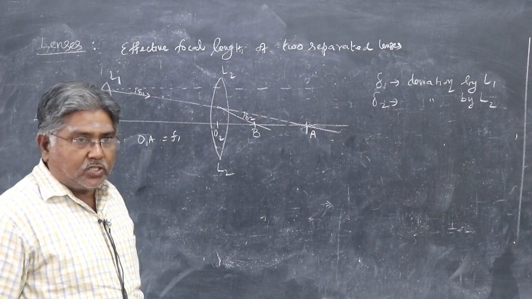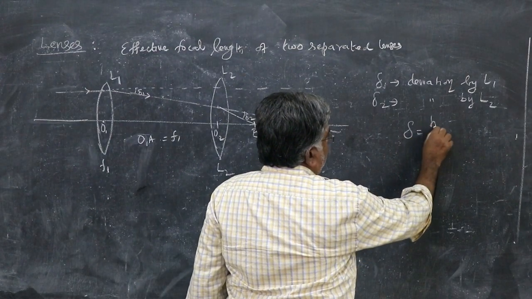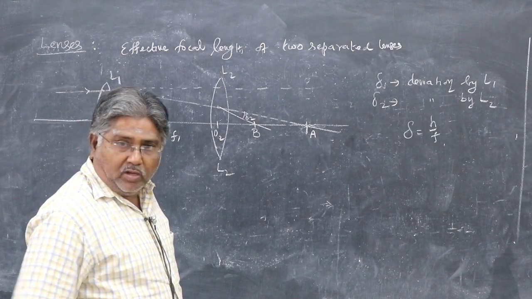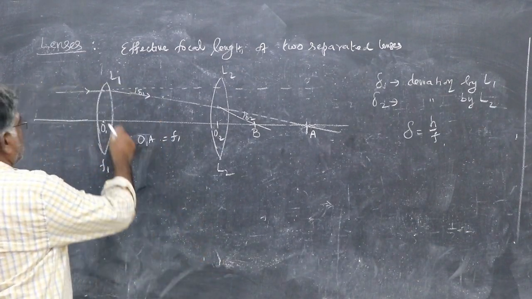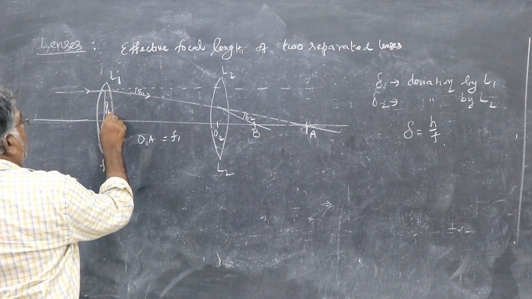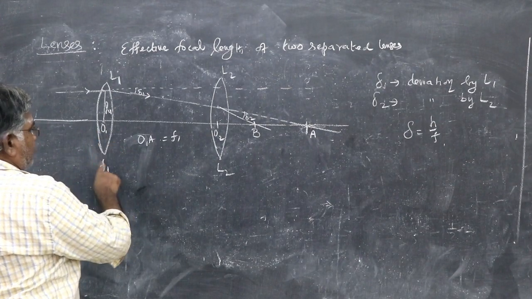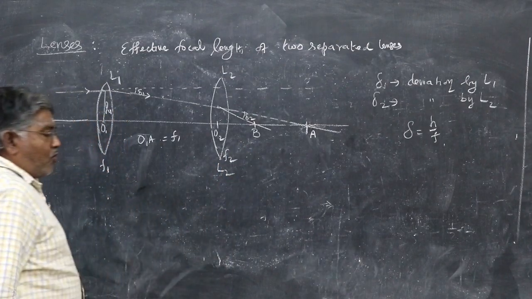Deviation by a lens, there is a general formula, h by f. h is the height at which the ray is incident on the lens from the optic center. That is, this is h1 if you take. Deviation by this lens is h1 by f1. Consider this to be the second lens whose focal length is f2.